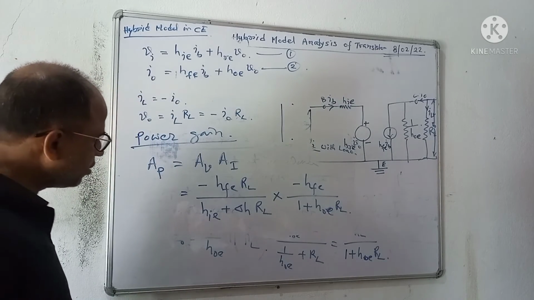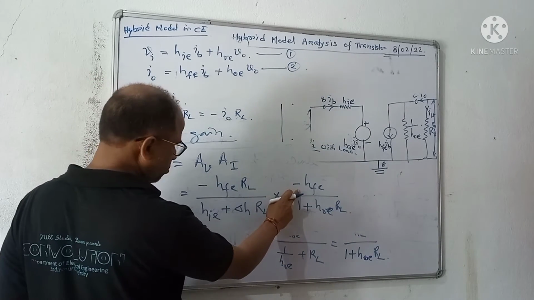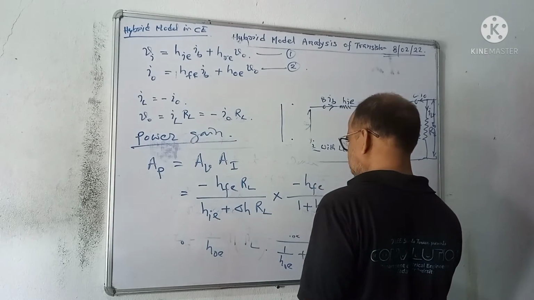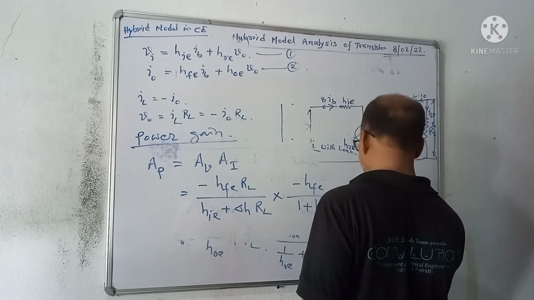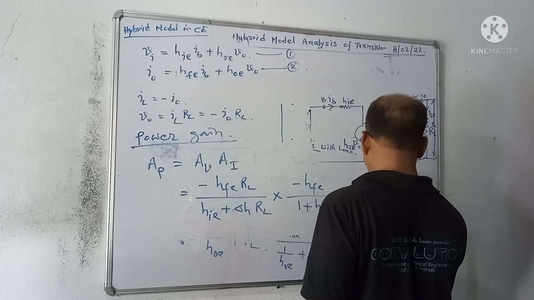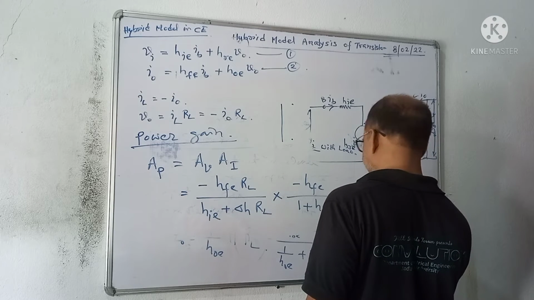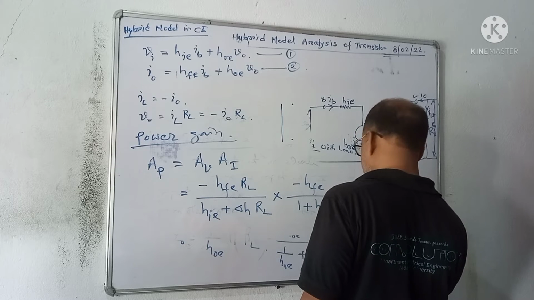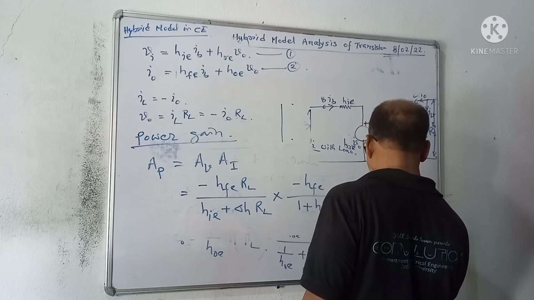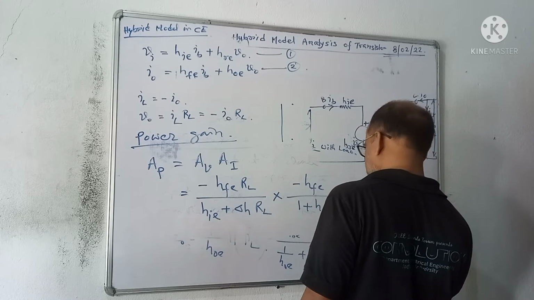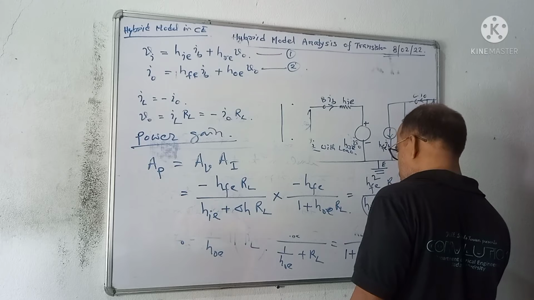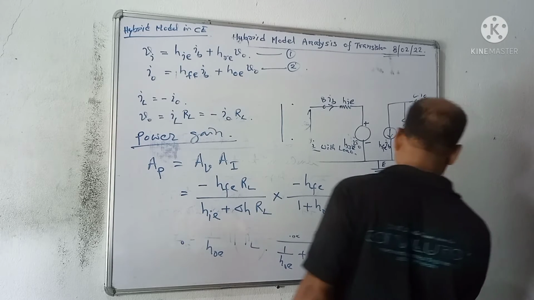Right? Therefore, this negative sign will cancel out. Therefore, this is equal to HAP square into RL by HIE plus delta H into RL into 1 plus HOE into RL.